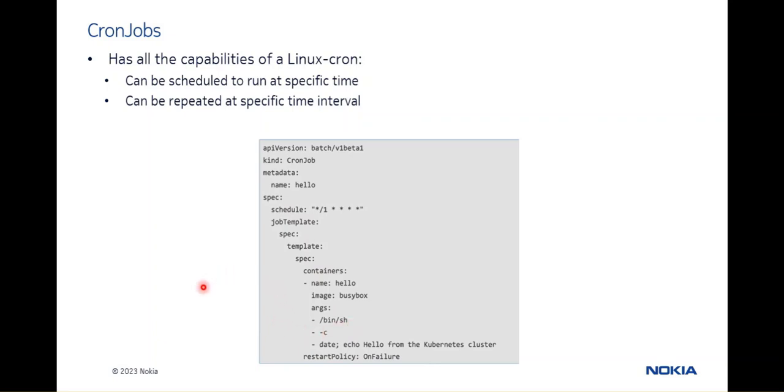Note that the cron job retains only the last three successful pods and the last failed pod for us. So although here we are creating a pod every 1 minute, Kubernetes doesn't keep all the pods for us. It only keeps the last three successful pods and the last failed pod for this cron job.